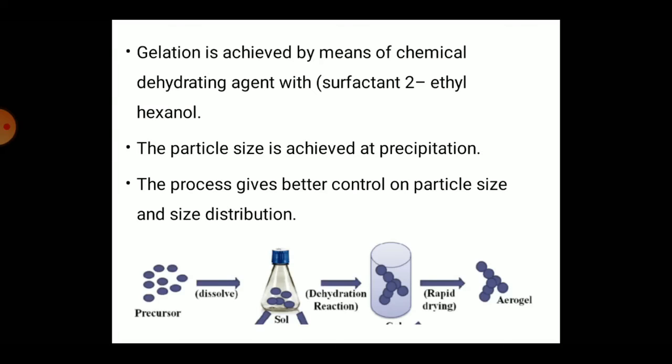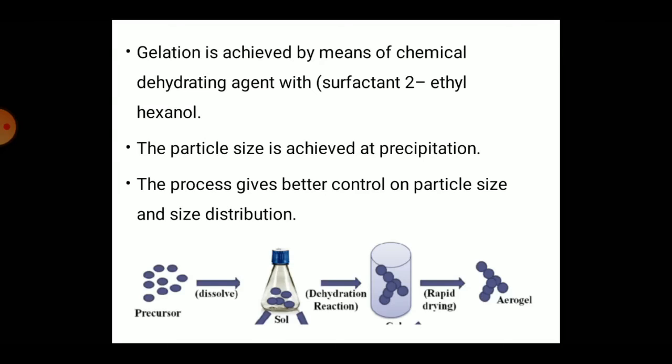So you add this 2-ethyl hexanol. Since it is a dehydrating agent, gel formation takes place and the particle size is achieved by precipitation, and this process will give better control on the particle size and size distribution. That means you can get the desired size and composition of your nanoparticles by the Sol-Gel method.